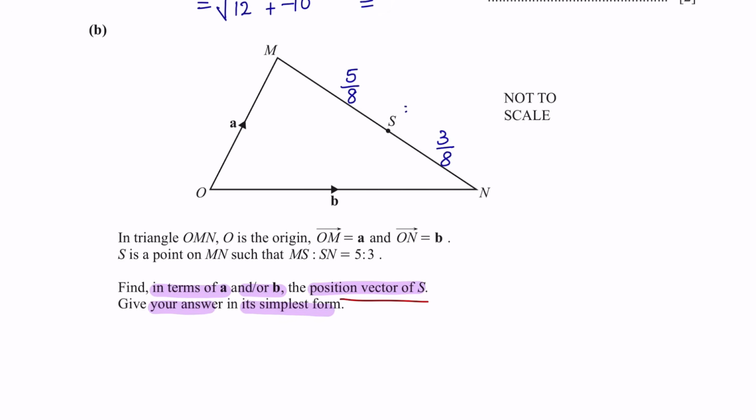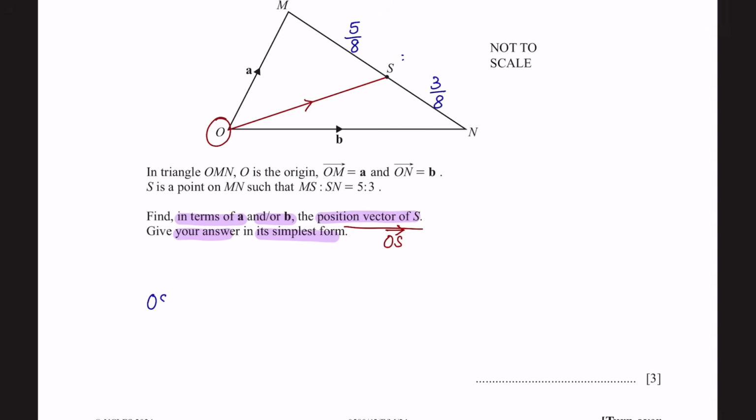Position vector of S means that we're looking to find vector OS. To find OS, we can do O to M and then from M to S. The vector of O to M is a.